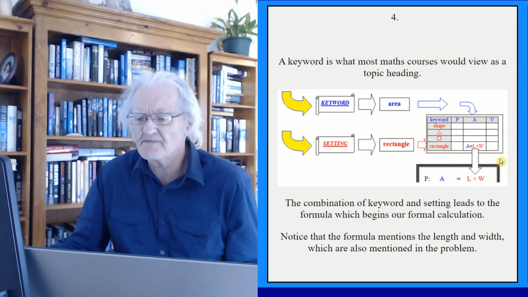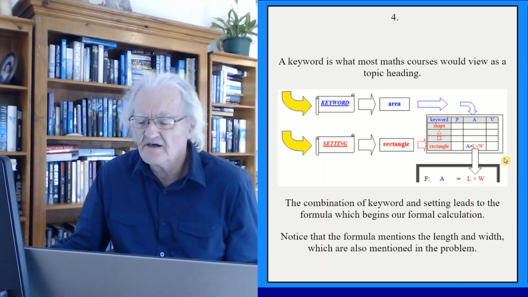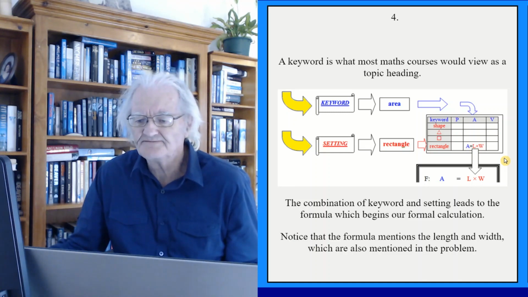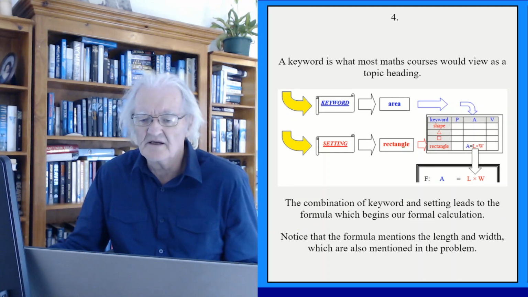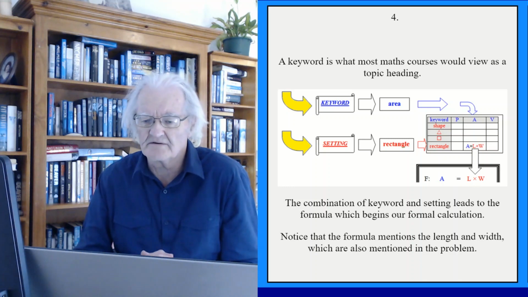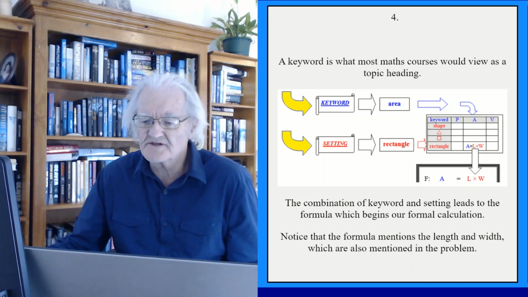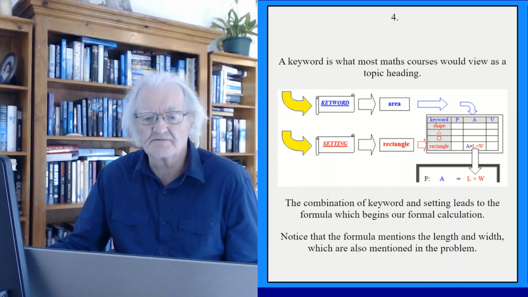I would recommend you consider that type of structure for your revision basis. So we have a combination of keyword and setting leading to a formula which will begin our formal calculation. Notice that the formula mentions the length and width, which are also mentioned in the problem.